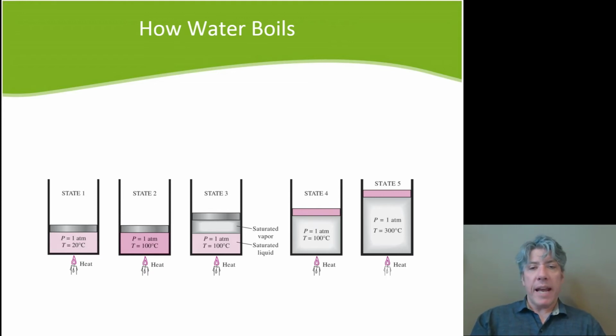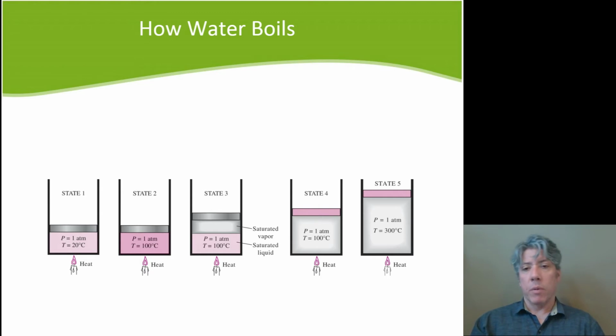If we keep adding thermal energy, the temperature and pressure will remain constant. We're holding the pressure constant, and the temperature will remain at 100 degrees Celsius, and we'll finally get to the point where we've boiled off the last drop of liquid. At that point, this is referred to in state 4 as a saturated vapor state. So all of the mass in the system, all of the water, for example, is in the vapor phase.